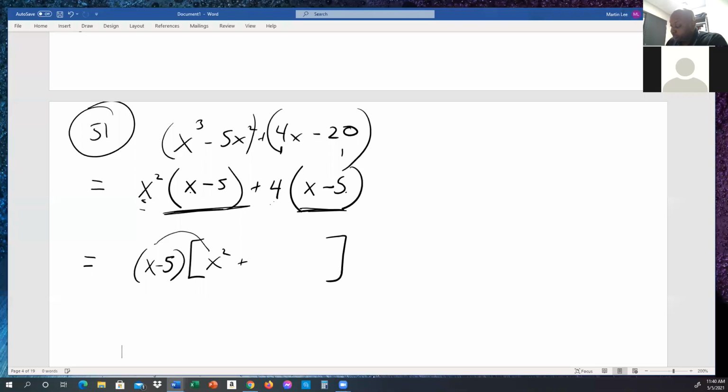And then plus x minus 5 times what gives me 4 times x minus 5? Well, that's just 4. So now we're going to rewrite this and change these square brackets back to parentheses. So x minus 5 times parentheses x squared plus 4.